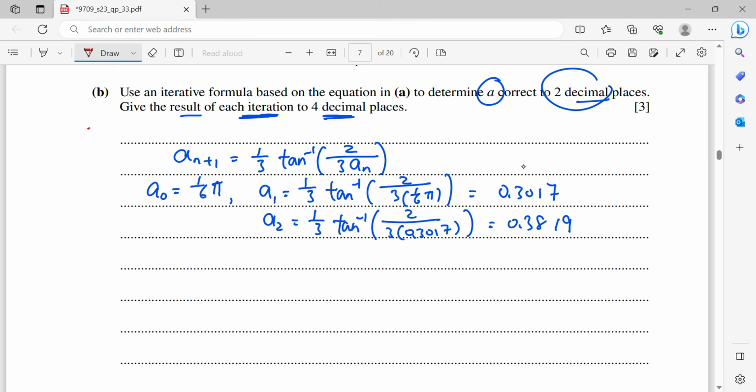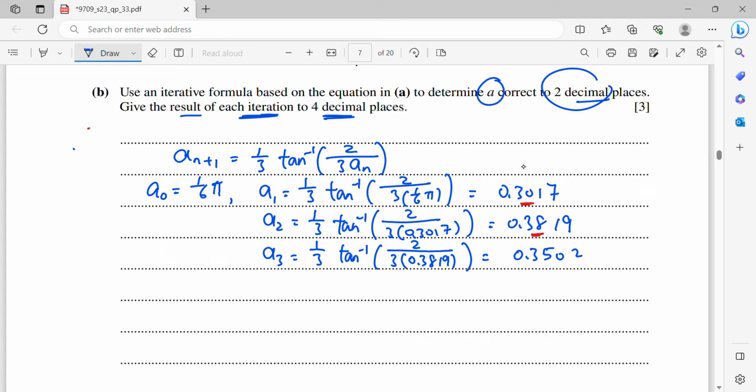Now, your answer is 2 decimal places. So make sure you get 2 same digits after the dot. Okay, so now they are not the same yet, therefore we have to continue. So a3 will be 1 over 3 inverse tangent 2 divided by 3 bracket 0.3819, and you will get 0.3502.